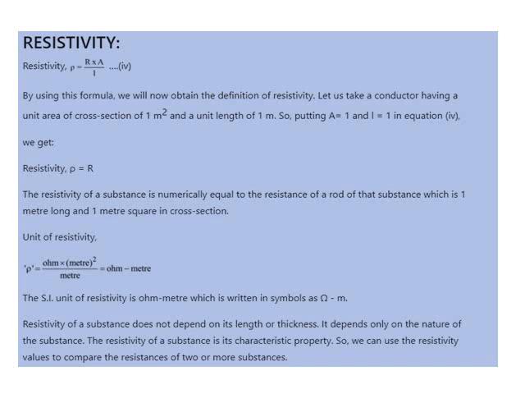Resistivity of a substance does not depend on its length or thickness. It depends only on the nature of the substance. The resistivity of a substance is a characteristic property. So we can use the resistivity values to compare the resistance of substances or materials or conductors.